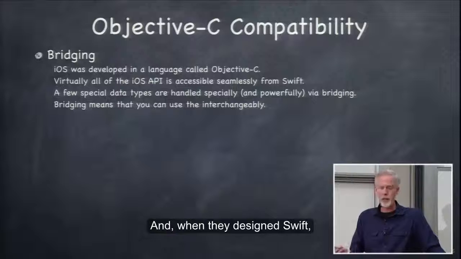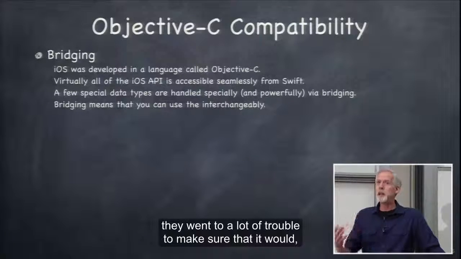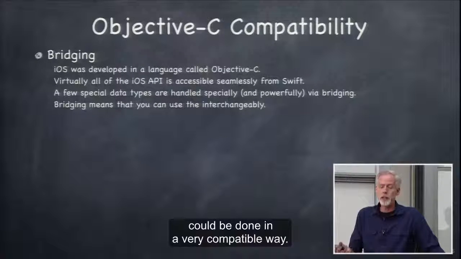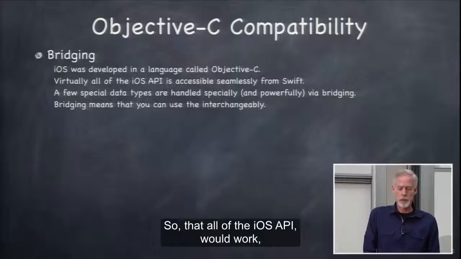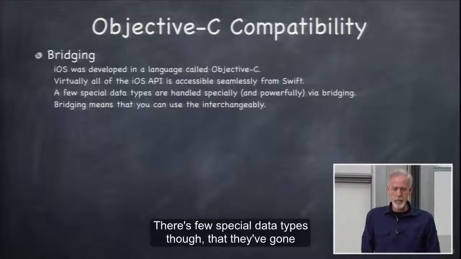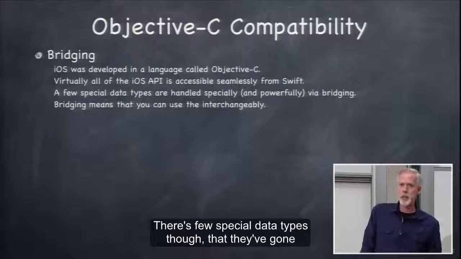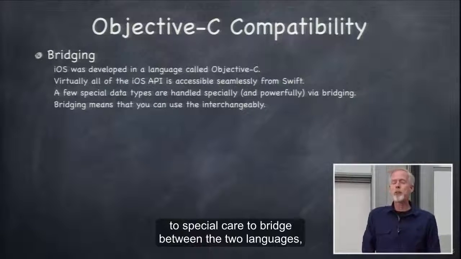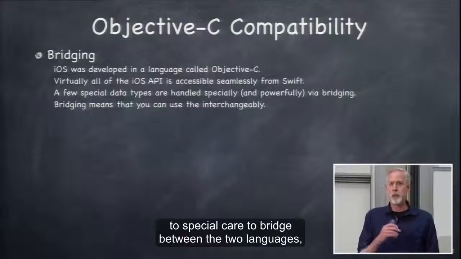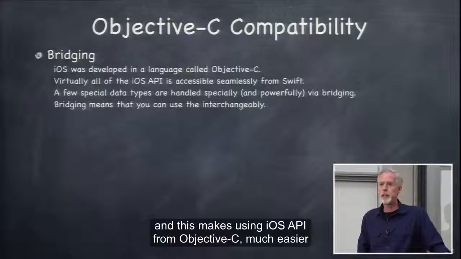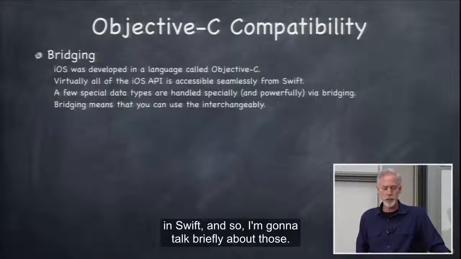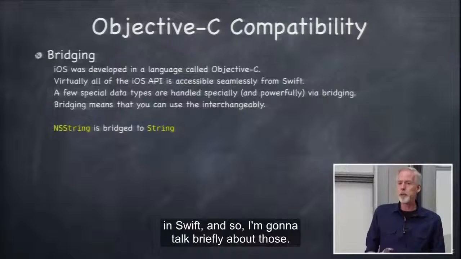And when they designed Swift, they went to a lot of trouble to make sure that it could be done in a very compatible way, so that all of the iOS API would work just fine in Swift. There are a few special data types, though, that they've gone to special care to bridge between the two languages. And this makes using iOS APIs from Objective-C much, much easier in Swift. And so I'm going to talk briefly about those.